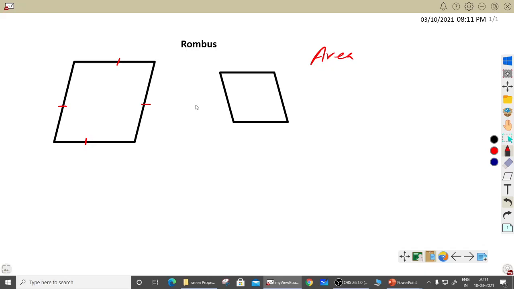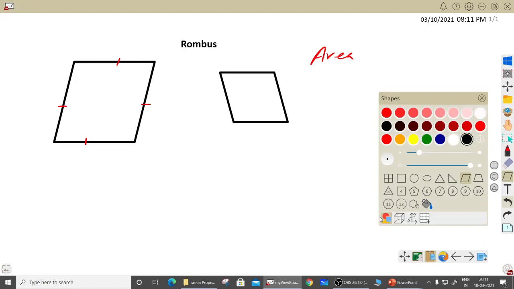The peculiarity of a rhombus is that it has all sides equal, opposite angles equal, opposite sides equal, and all these parallelogram properties are applicable. The special property of a rhombus is this, let me show you.